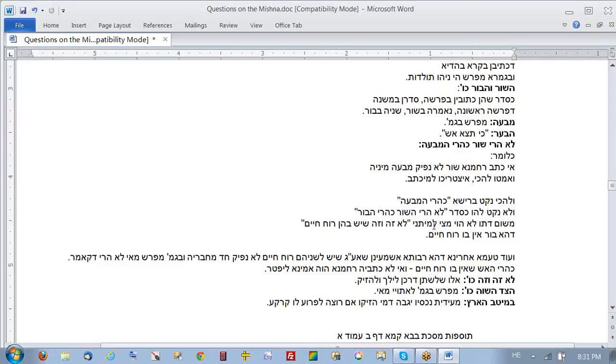If we lose lo hari ashur kahari, well, let's write. What would we write afterwards? Lo hari ashur kahari bor, lo hari bor kahari ashur, right? What would he have written next in the Mishnah? Well, below zev v'zeh. What would the zev v'zeh be? Well, it would have been bor and shor.